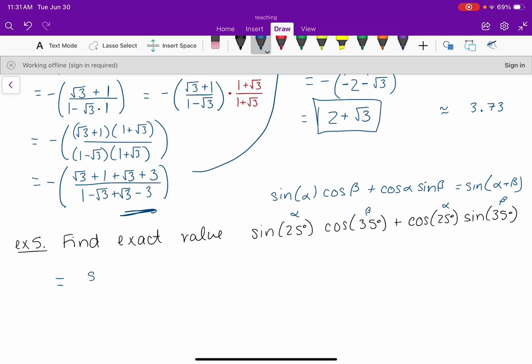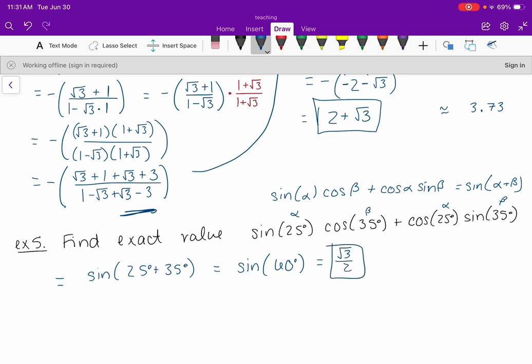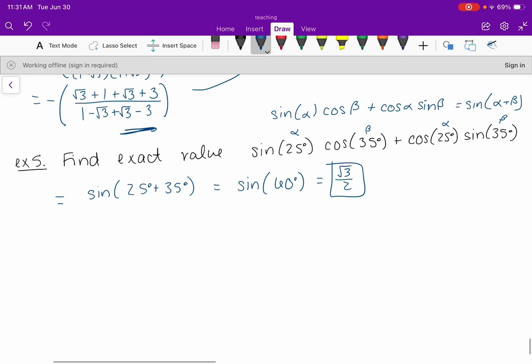So this is equal to sine of 25 plus 35, which would be sine of 60, square root 3 over 2. I just thought I would do that one real quick because it's an example of going from the bigger side to the smaller side.